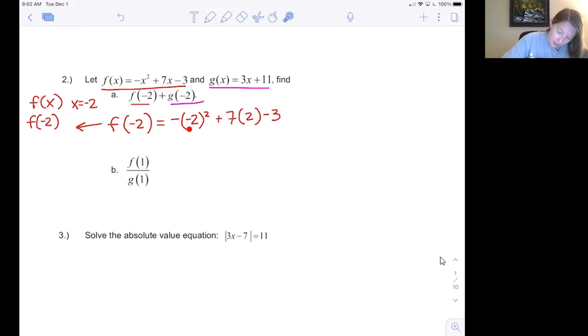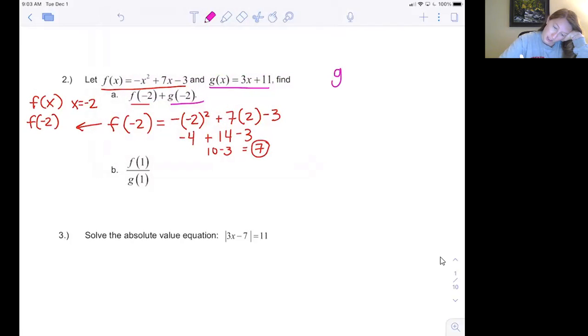Negative 2 squared is a positive 4, but then I've got this negative still on the outside. So it's going to be negative 4 minus 14 minus 3, which is, well, that gives my f of negative 2.